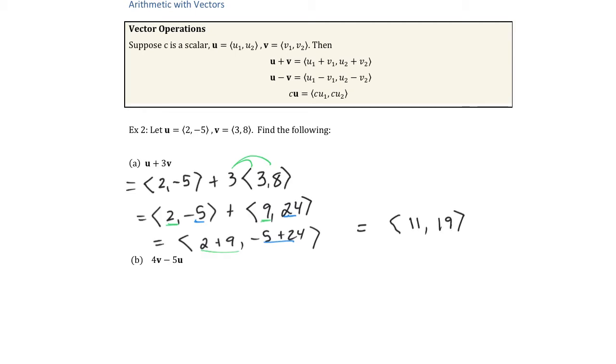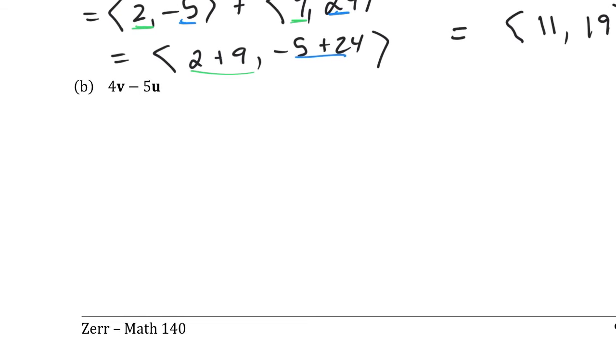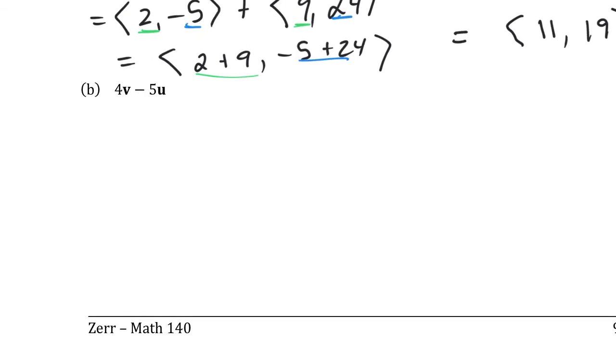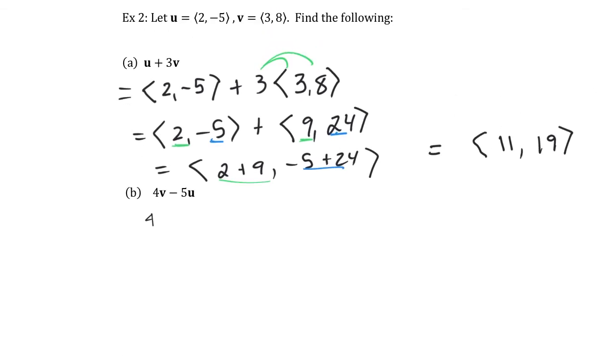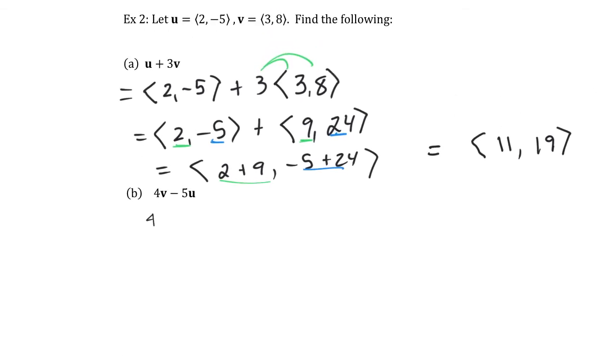And it's the same idea with subtraction. I'm going to think of this as 4 times, oh, I forgot what my vectors are. Okay, 4 times v, which is 3, 8. But instead of minus, I'm going to just think of that as plus negative 5 times the vector u, which was at 2, negative 5. So I'm going to distribute and then add my components.